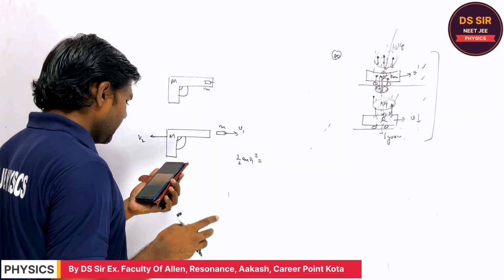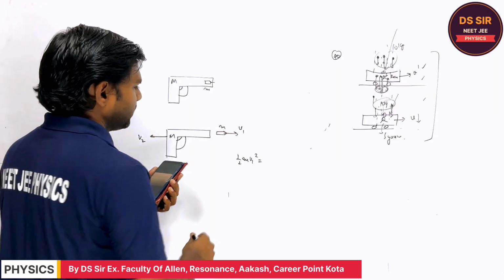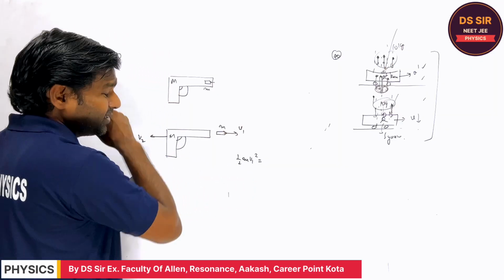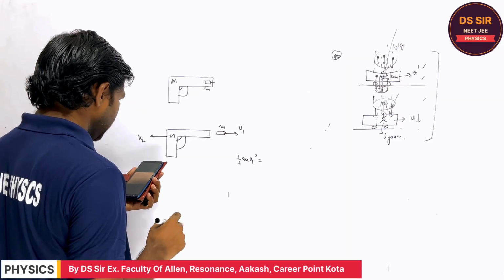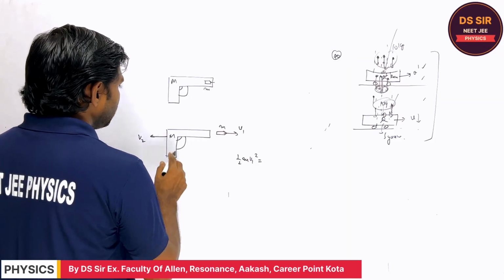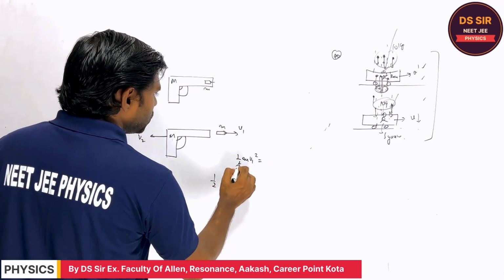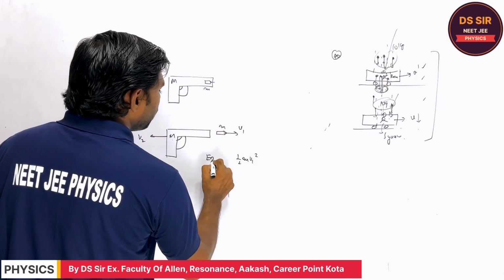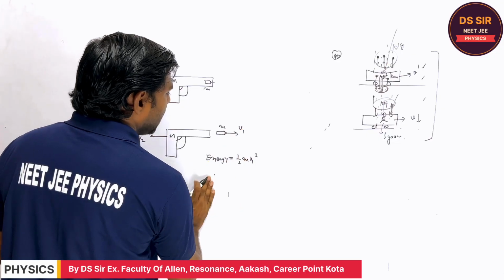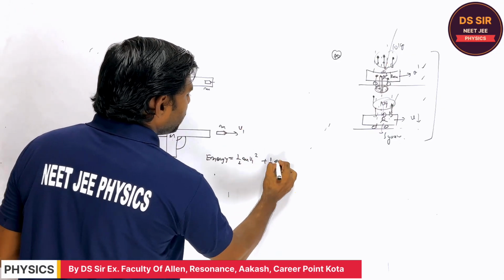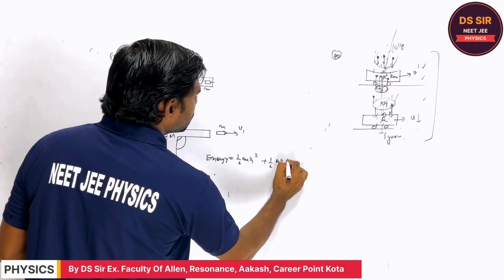We are talking about the energy of explosion. What is the energy of the explosion? We have to take half m v1 square plus half capital M v2 square.